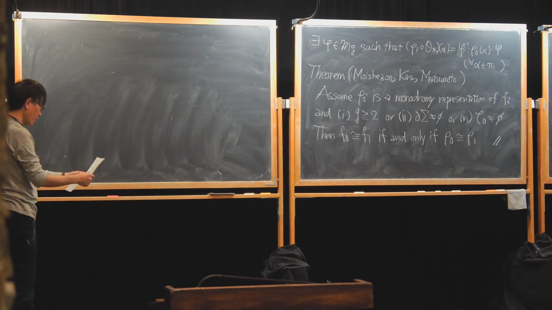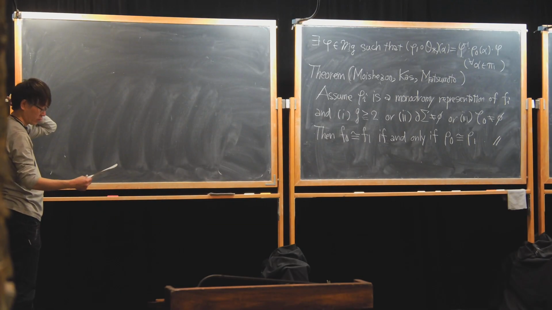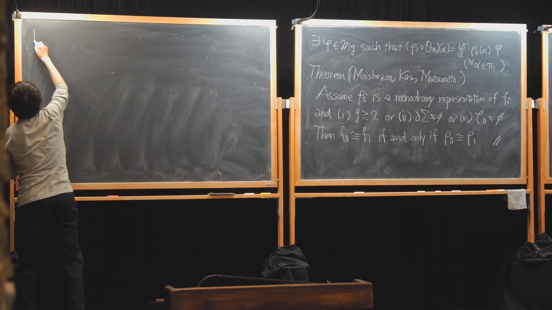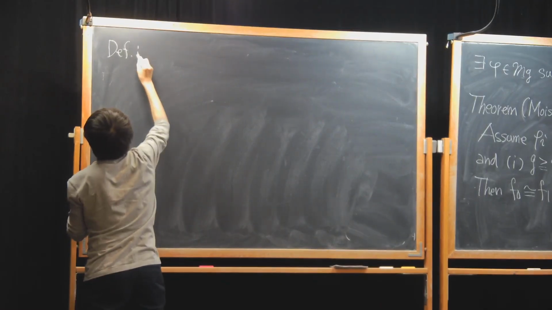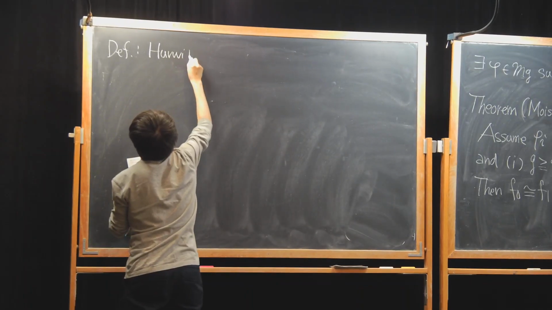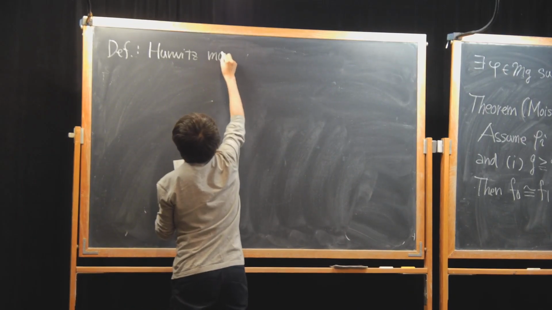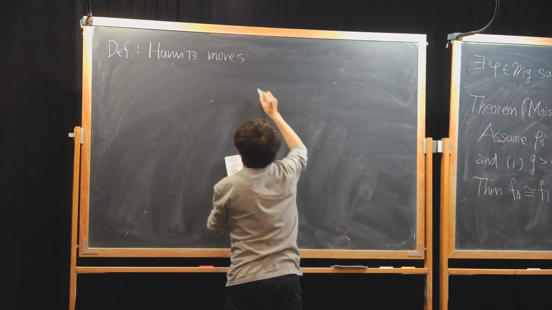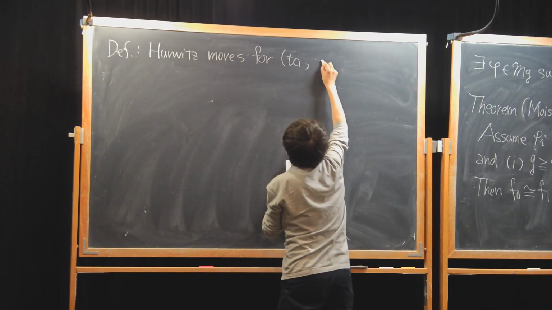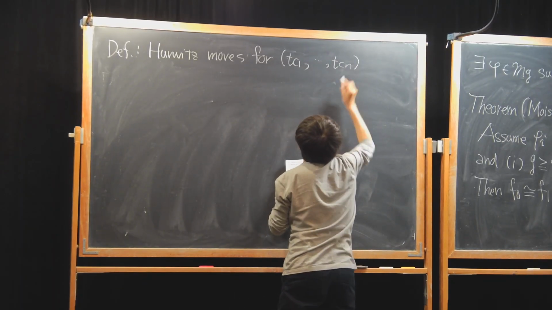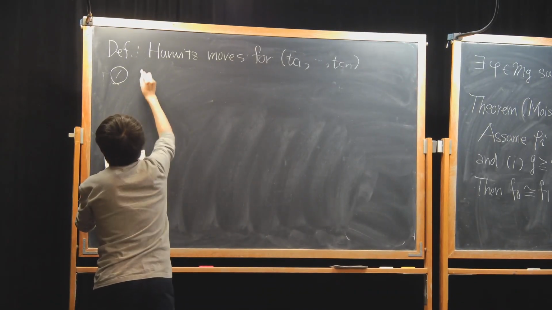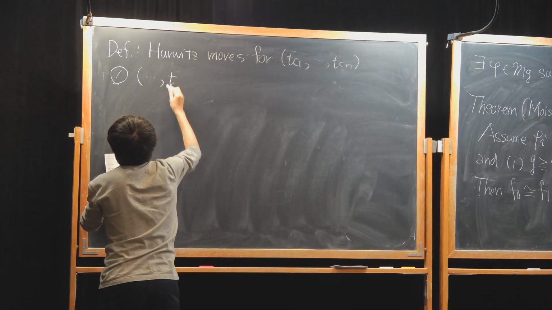Next, I'd like to introduce three kinds of moves for an n-tuple of right-handed Dehn twists. So, definition: Hurwitz moves. For an n-tuple T_{C1} to T_{Cn}, the first kind of move is like this.